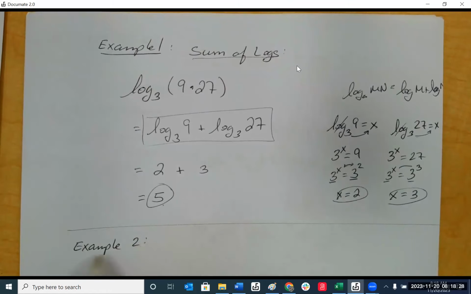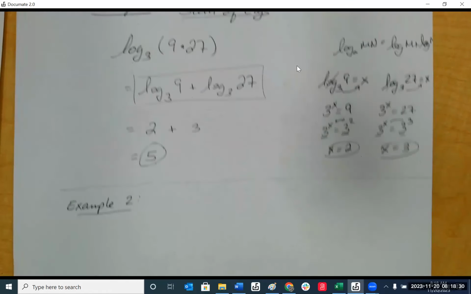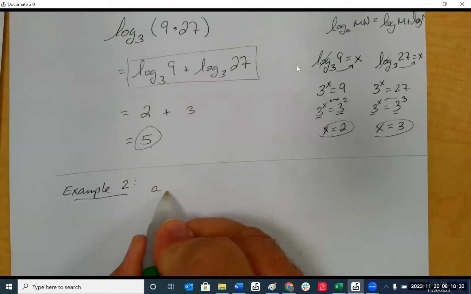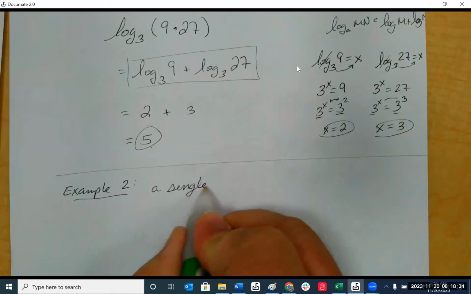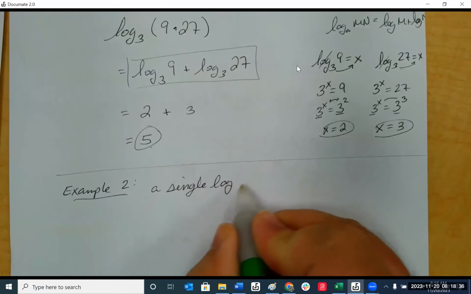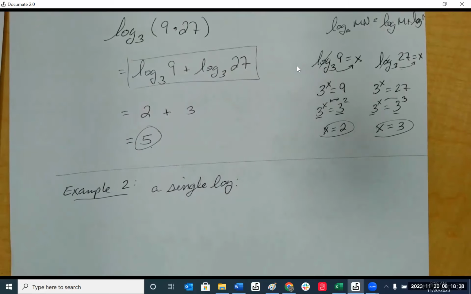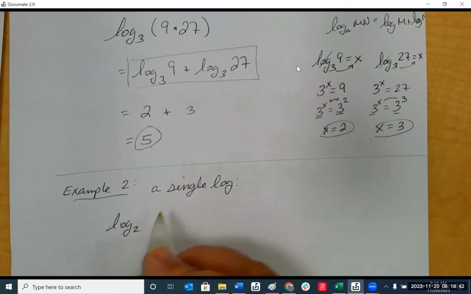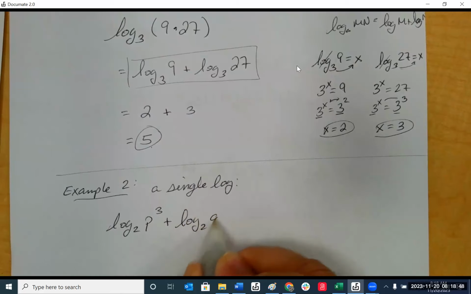Example 2. Express as a single log. Log base 2 of p cubed plus log base 2 of q.